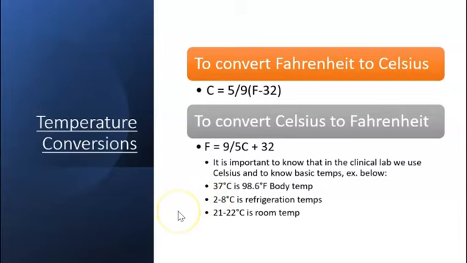We usually like to keep our refrigerator temperatures between 2 and 8 degrees Celsius in the lab, and our room temperature in the laboratories needs to usually be around 21 to 22 degrees Celsius.